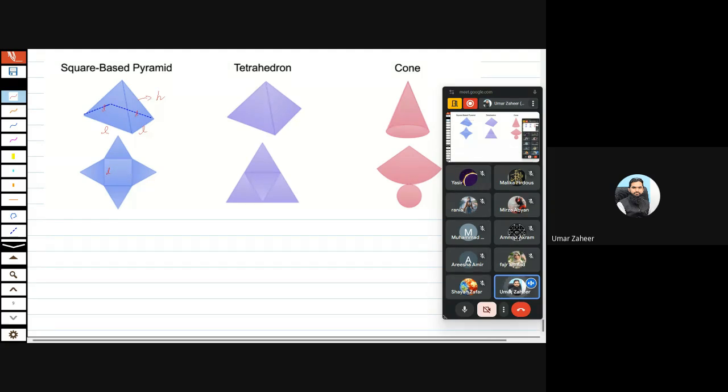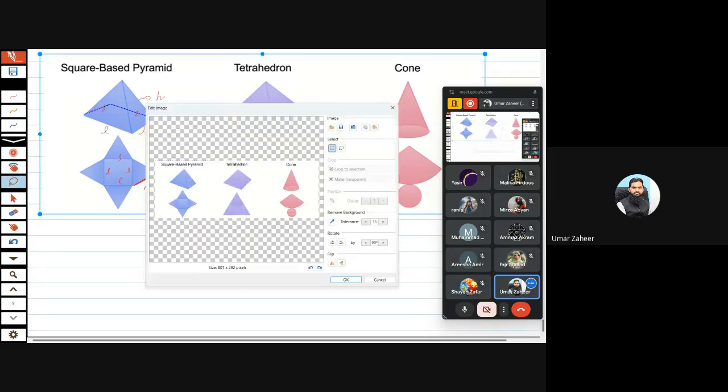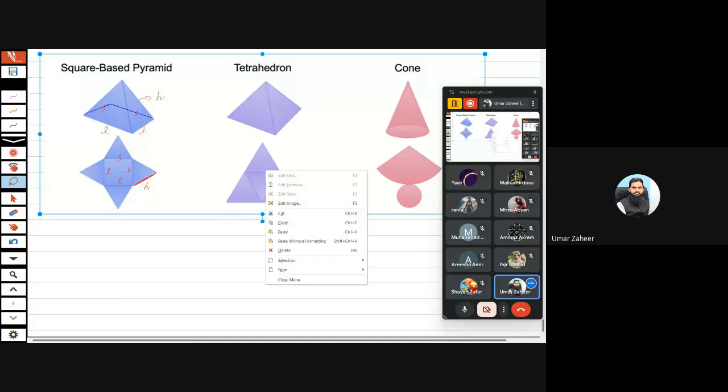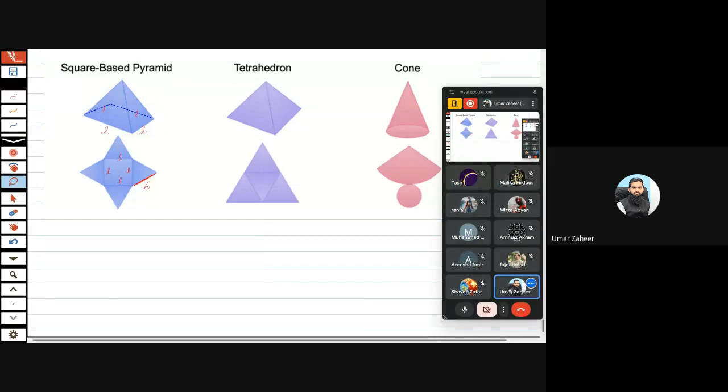So it is L, L, L, L. Yes, can anyone tell me what it is? Height. Let's give another name because it is not a suitable name here. Let's say it is S. So it will be S, it will be S as well.